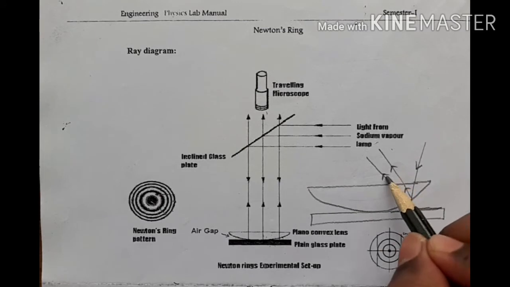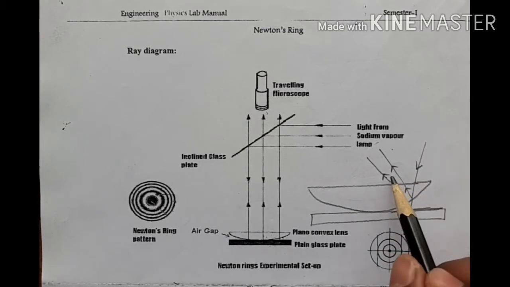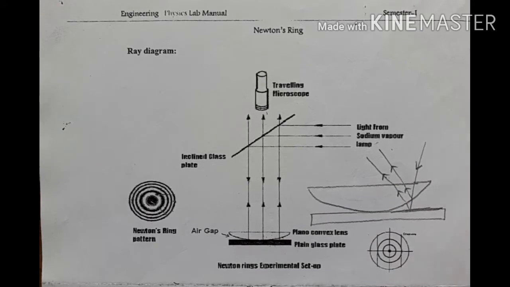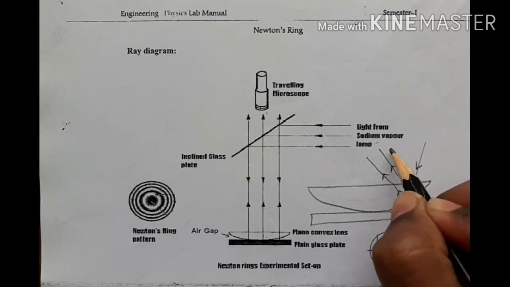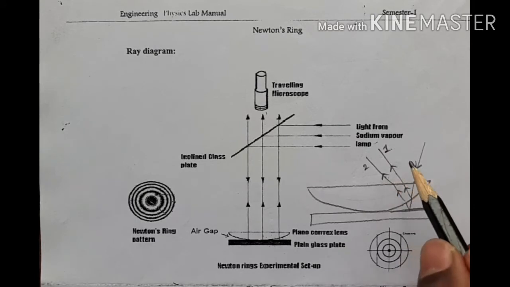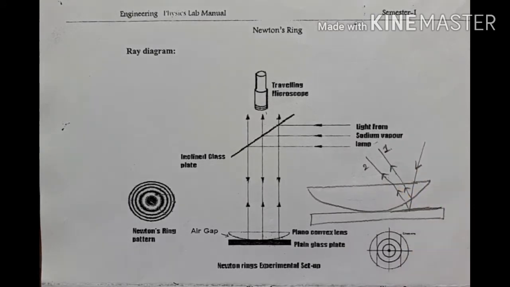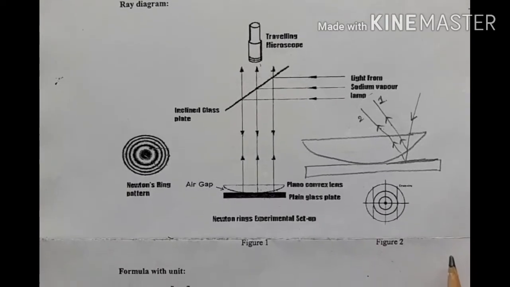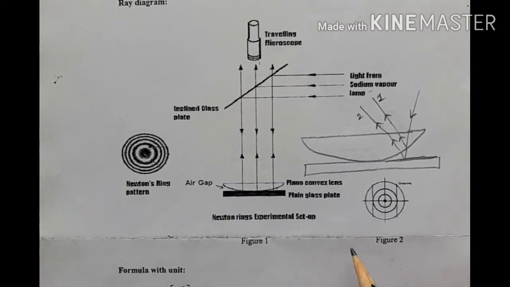So here the interference, the constructive interference, happens between these two rays. Let us say this is ray 1 and ray 2. There is a path difference between ray 1 and ray 2. For the constructive interference, we know the path difference should be an even multiple of lambda by 2.